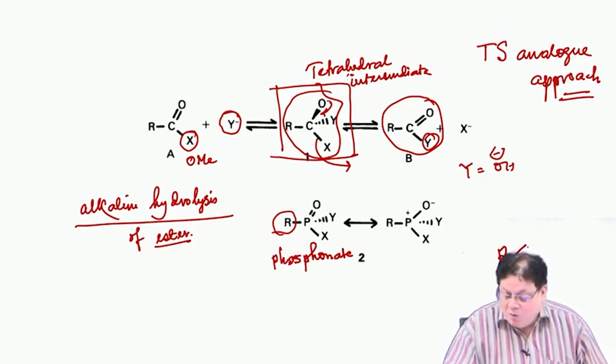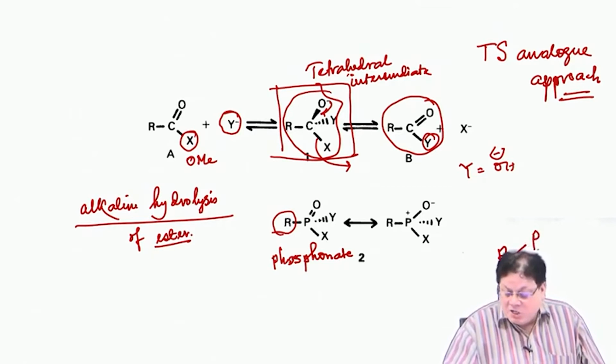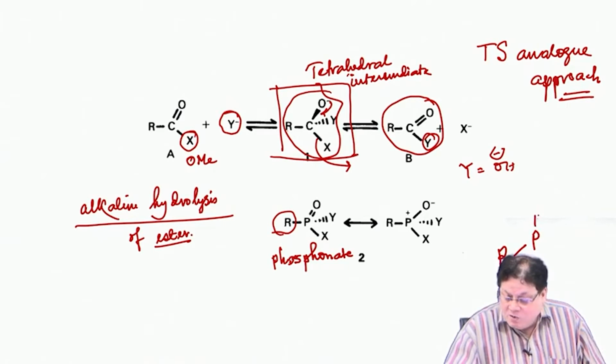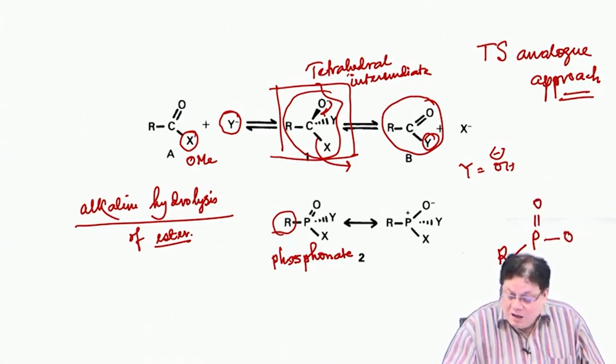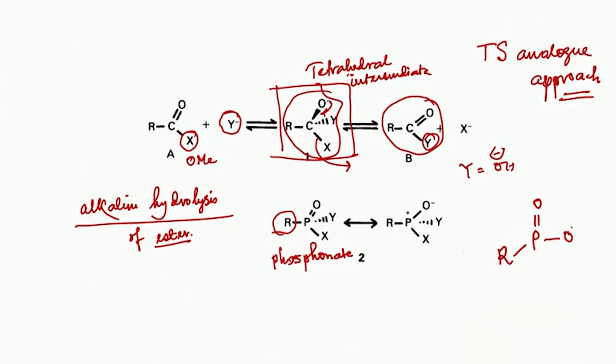Phosphonate is when a phosphorus is directly attached to a carbon. Let us just remove Y and X. We just say that this is minus and that is your, say, OR. So, this is a stable molecule, this is a phosphonate molecule.